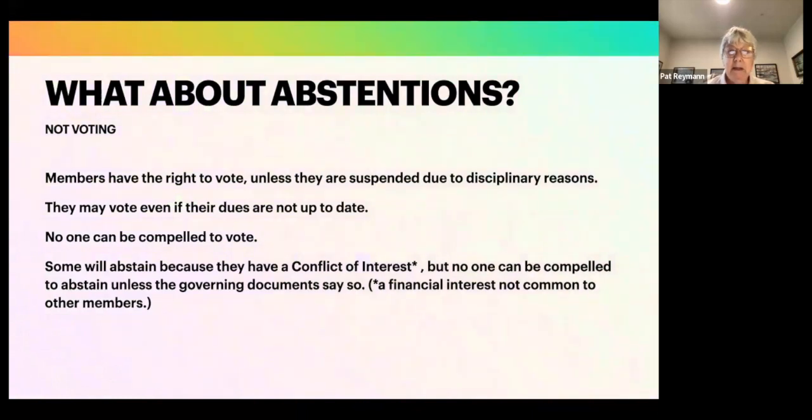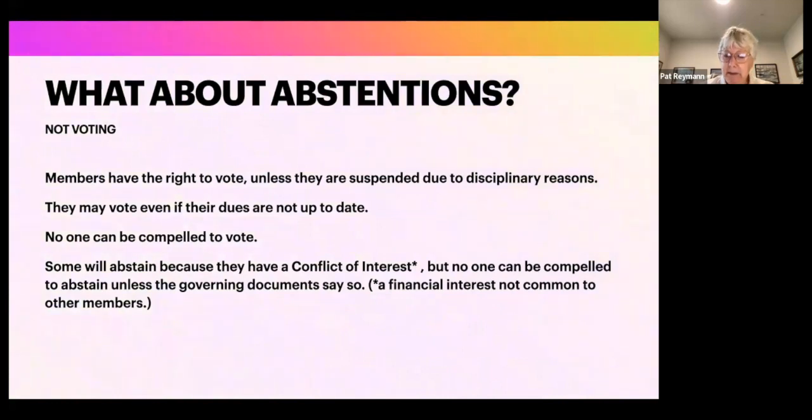Now, some will abstain because they know they have a conflict of interest. By a conflict of interest, I mean that they'll have a financial interest not common to other members. For instance, perhaps they are the owner, or married to the owner, of a construction company that's involved in the motion because they've submitted a bid for something, and it would be a good idea for the person to abstain from voting.